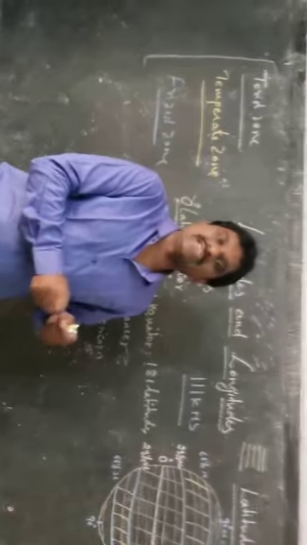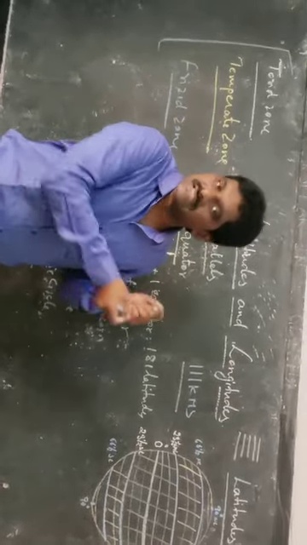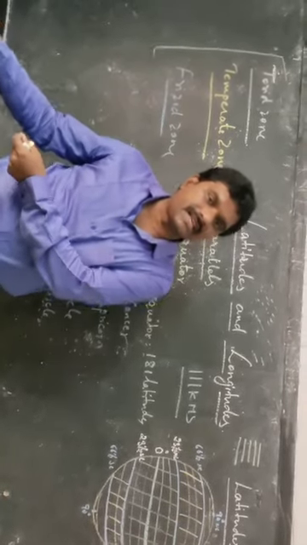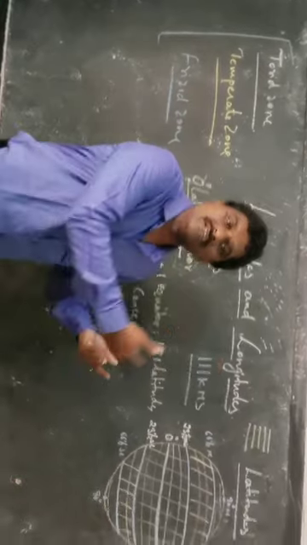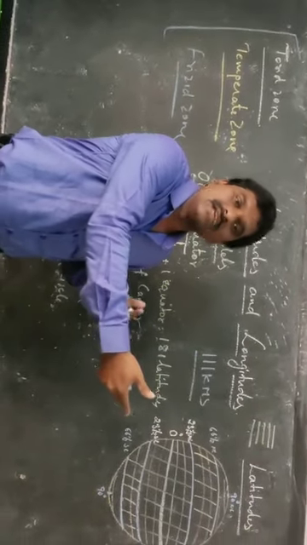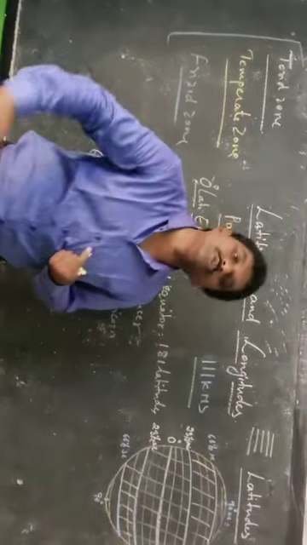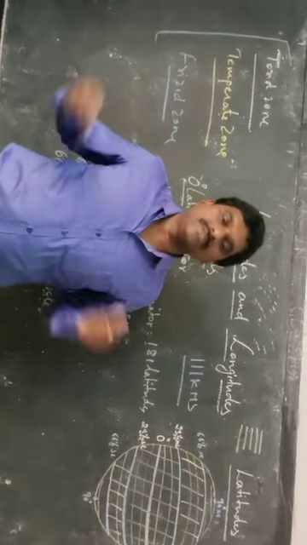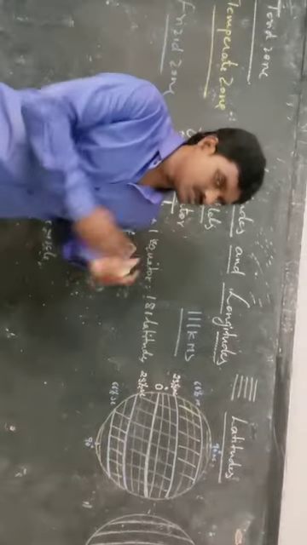The temperate zone lies between Arctic Circle and Tropic of Cancer in the north, and Antarctic Circle and Tropic of Capricorn in the south. The frigid zones are between 90 degree North Pole and Arctic Circle, and 90 degree South Pole and Antarctic Circle.